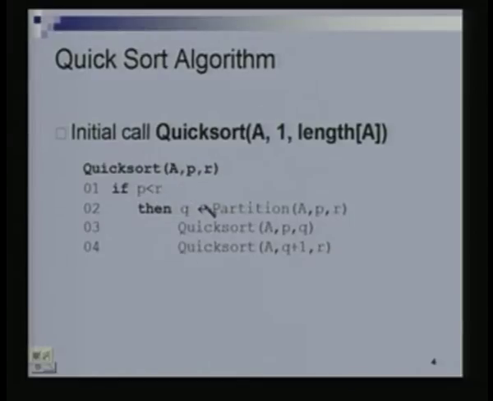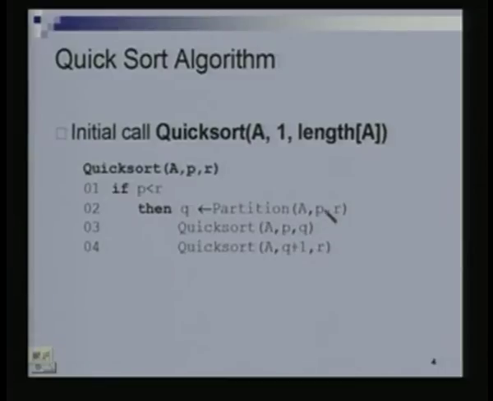What do I do? I first find the partition of this part, p to r, right? I invoke the previous procedure, A p comma r. What does it do? It rearranges the part of the array between p and r such that everything which is less than the pivot is in the initial part of the subarray, and everything that is more than the pivot is in the later part of the subarray. And what does it return?